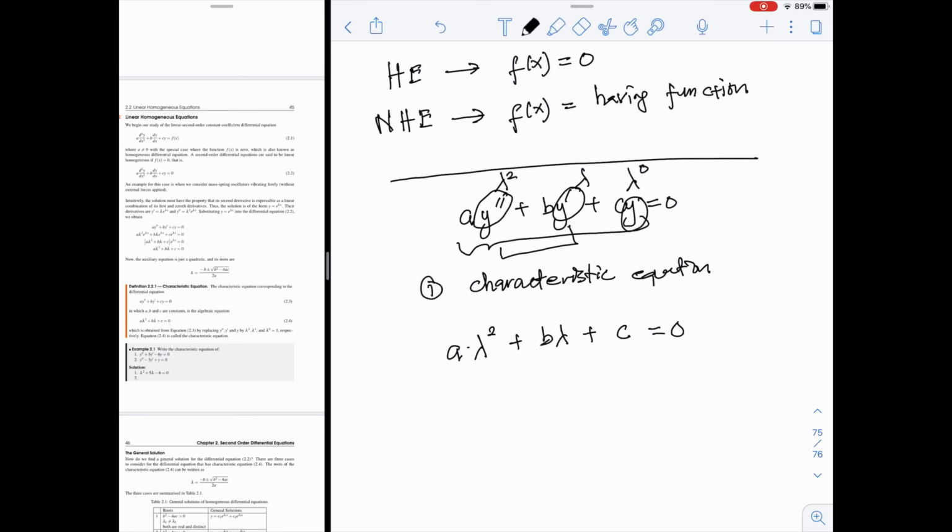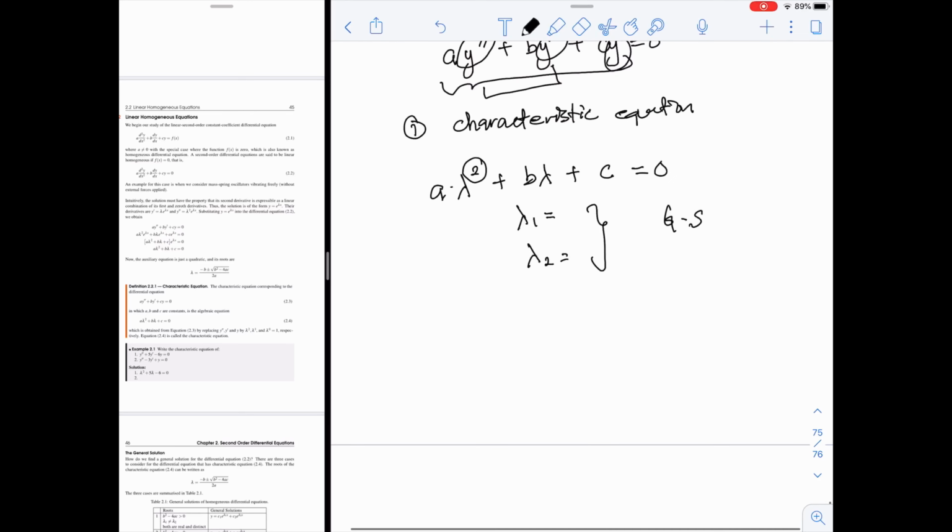Now you have to find the value of lambda. Since we have the power of 2 here, you will have 2 roots. These 2 roots will determine your general solution. There are 3 types of roots that will be covered.